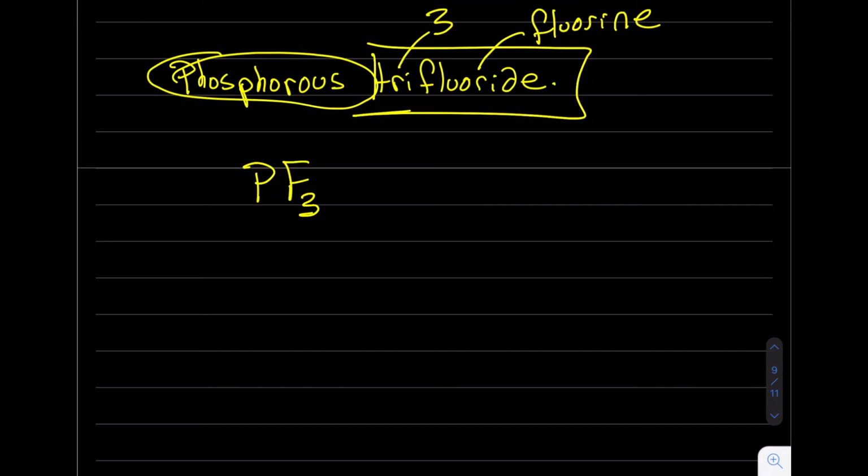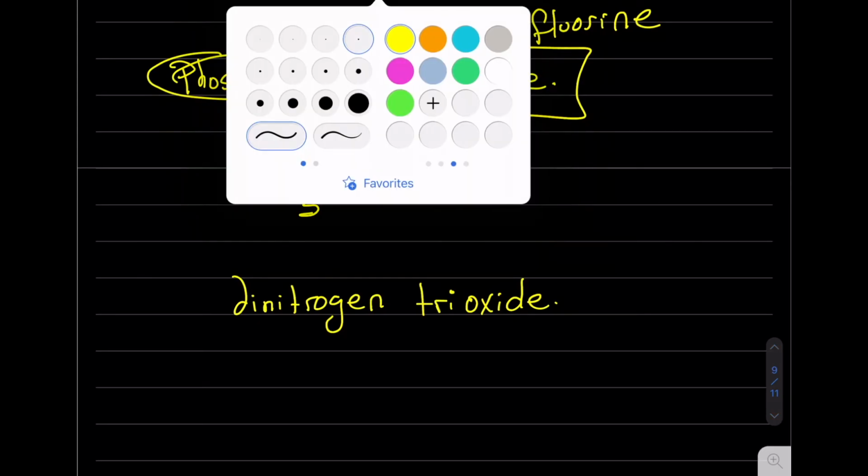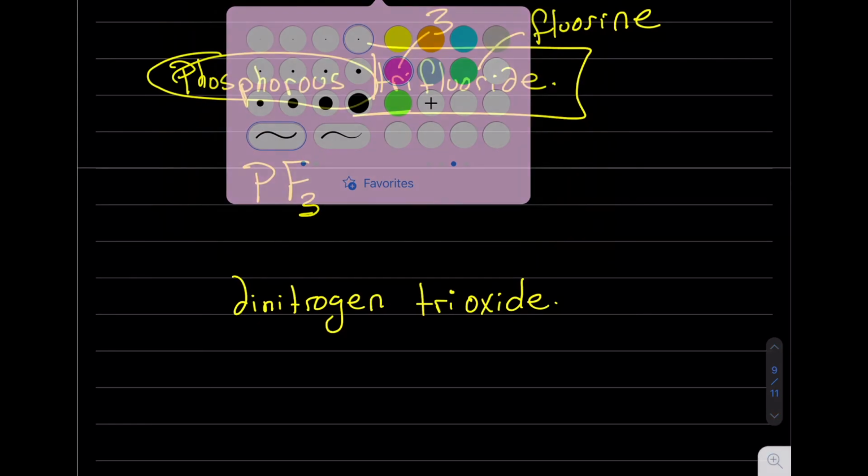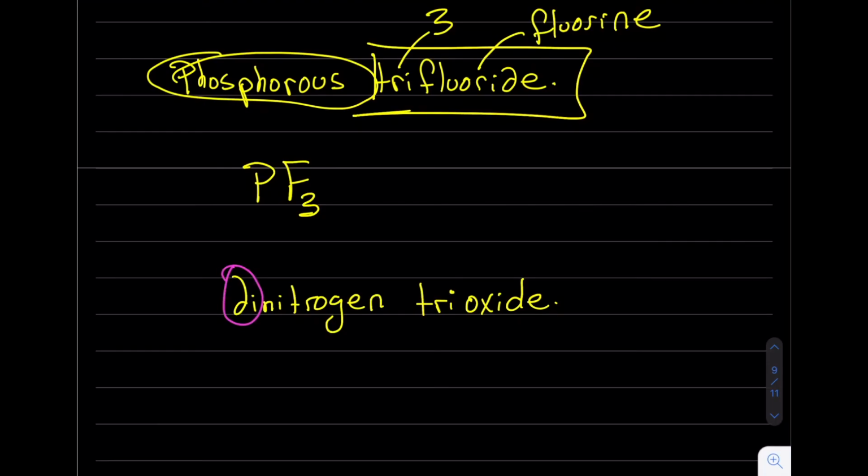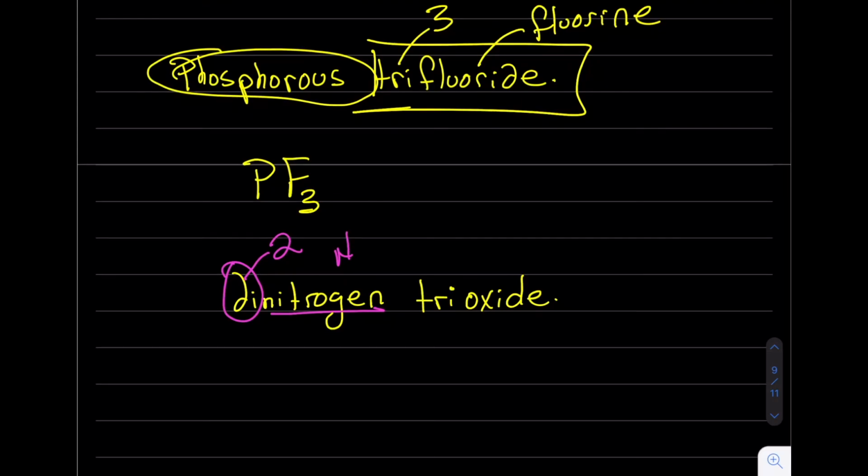How about, okay, so we have di, which means two, and nitrogen, which is N. So we have two nitrogens, N2.